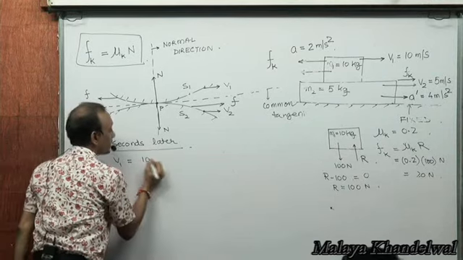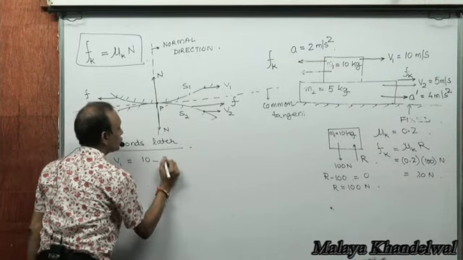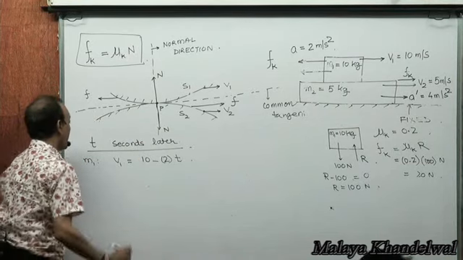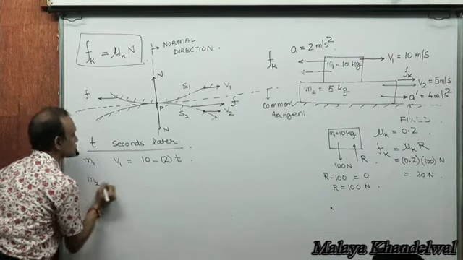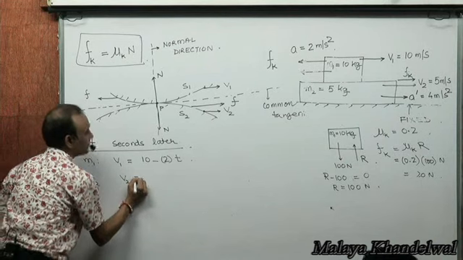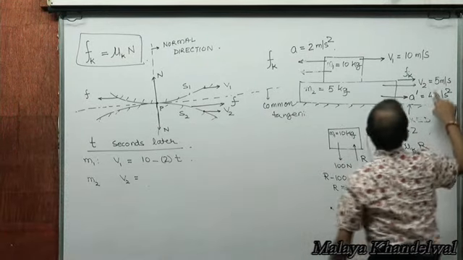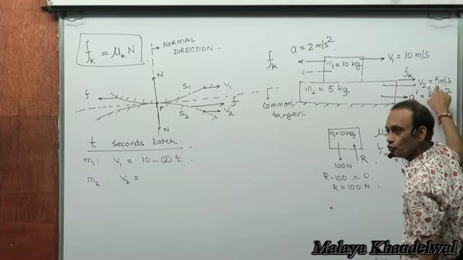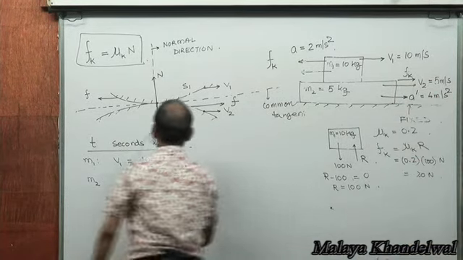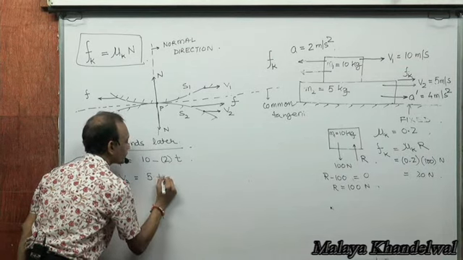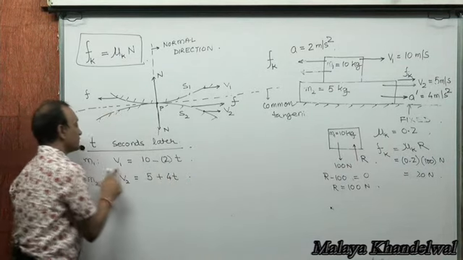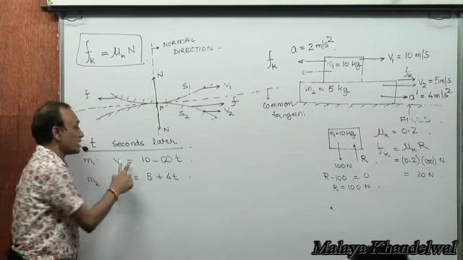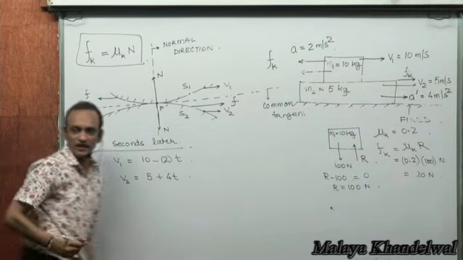So 10 minus 2t is the velocity of this. And what about m2? m2 is accelerated, so v2 would be 5 plus 4t. Very clearly the velocity of m1 is decreasing, velocity of m2 is increasing. Velocity versus time is a linear graph.